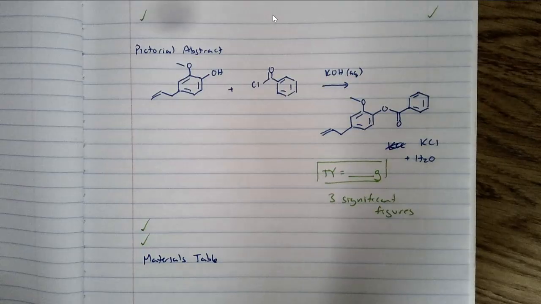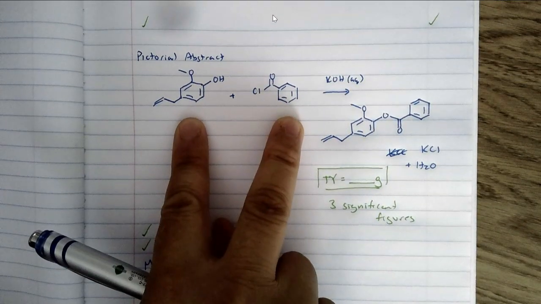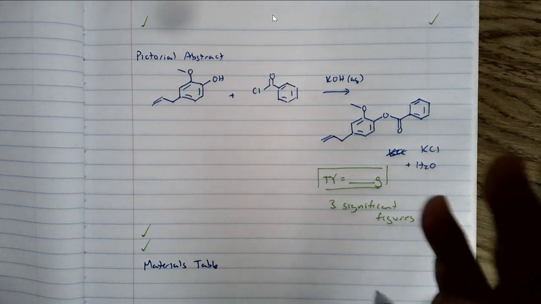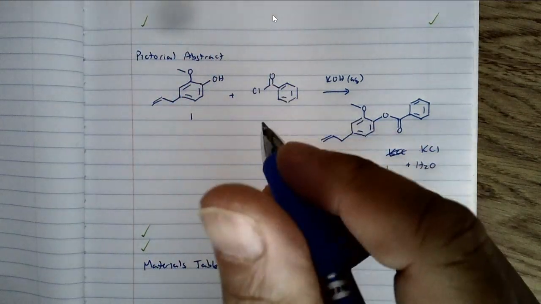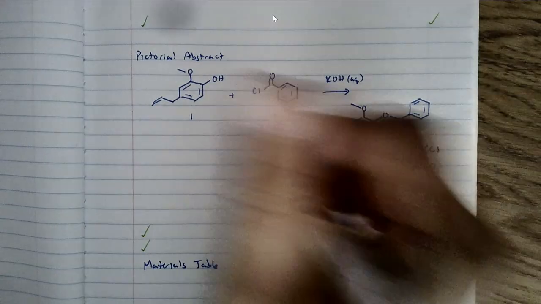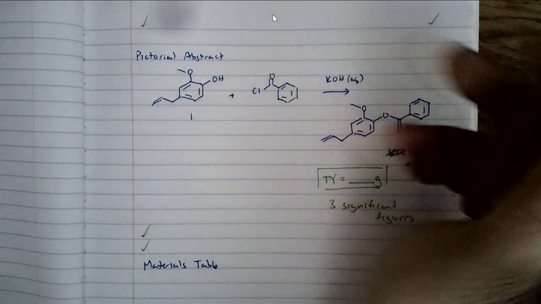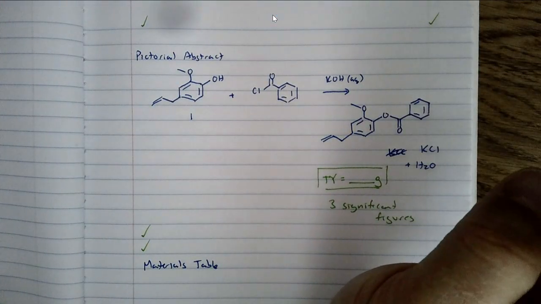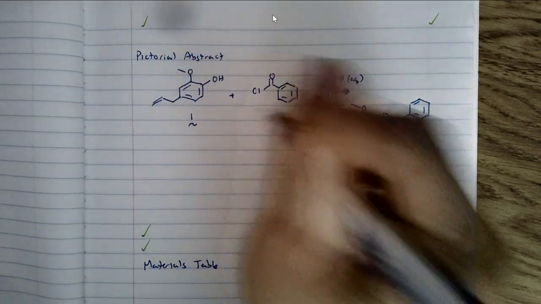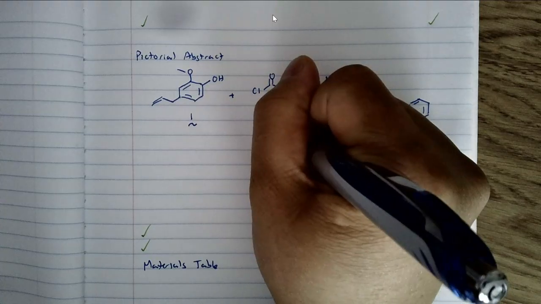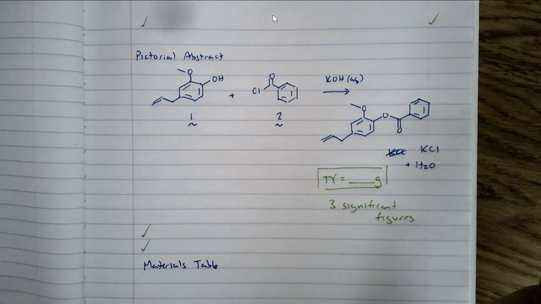I like to give a notation to my starting material so I don't have to draw it or name it all the time. The way I give it a nickname is: starting material 1, and put a squiggly line under it. Starting material 2, put a squiggly line under it.